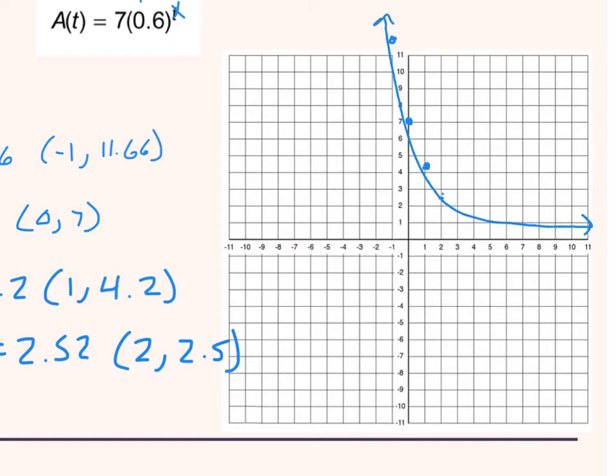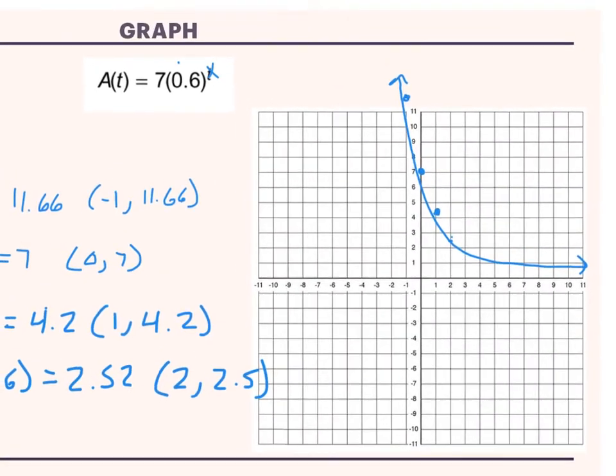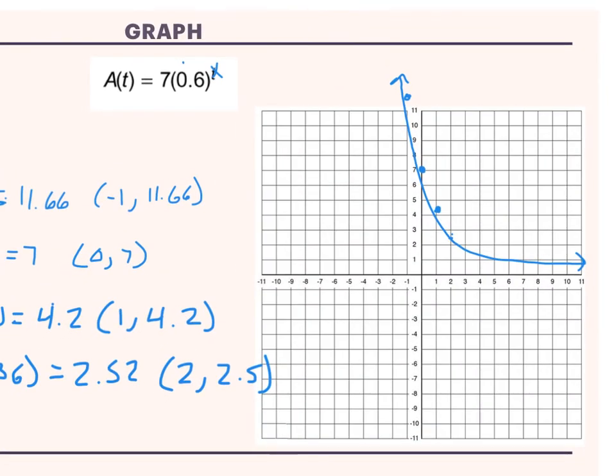So here we have an exponential decay graph. When the number that's being raised to the x, so the number that's right in front of the x, when it's less than 1, you're going to have a decaying graph. So when it's less than 1, so 0.6 is less than 1, your graph is going to decay.